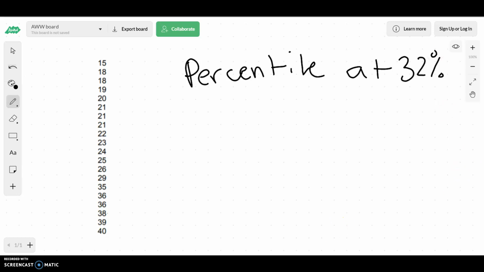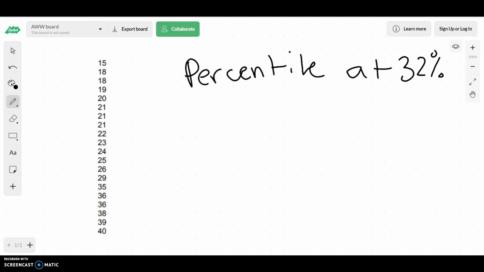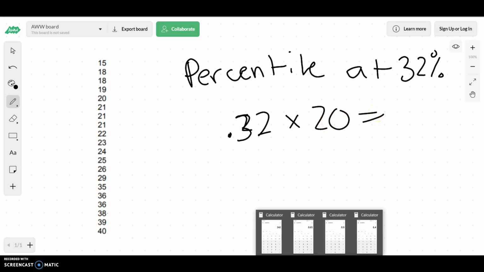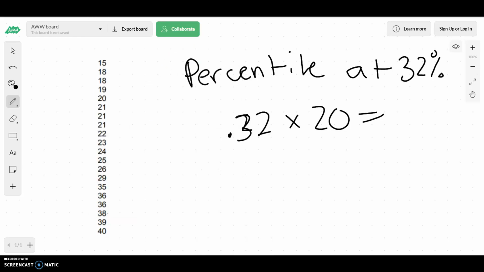Well, what you want to do is take your percentage, which is 0.32, and multiply it by the total number of numbers there are. There's 20 of them, and that's going to tell you about where the number we need is. So we take 0.32 times 20 and we got 6.4, which we can say is around 6.5.